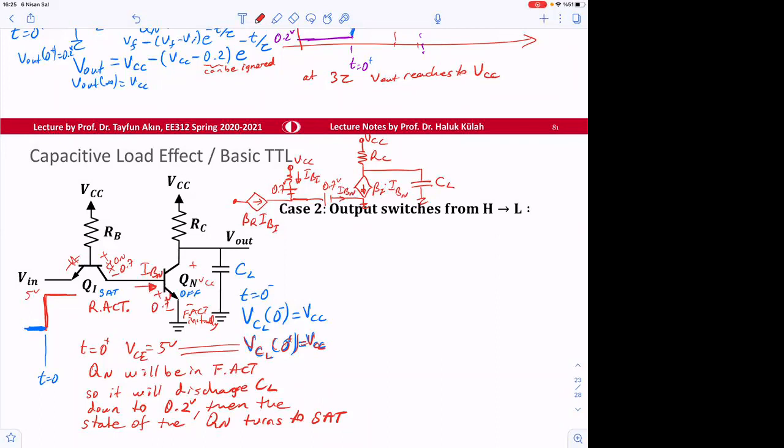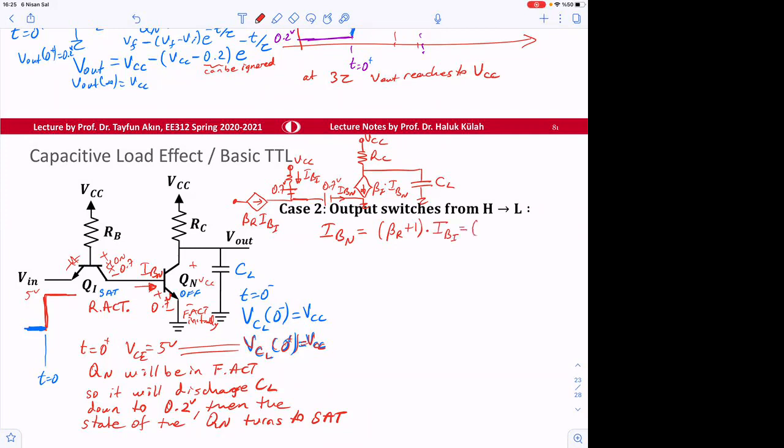Okay. So the current discharging that is going to be a linear current. So I base of N will be equal to beta R plus 1 times I base of I. What about I base of I?